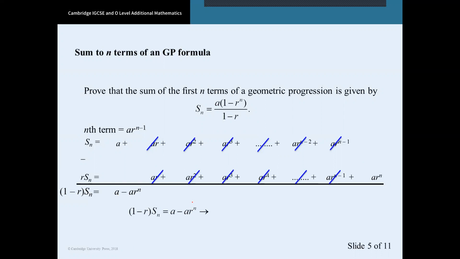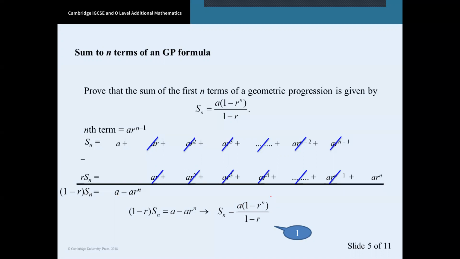Now when we rearrange this, you get Sn equals a times (1 minus r to the power of n) over 1 minus r. By the way, this is the proving part. So in case you're wondering how this formula comes from, it comes from this proving.